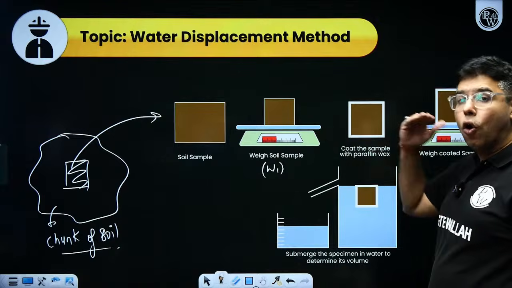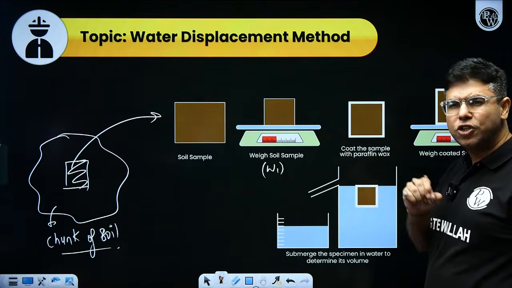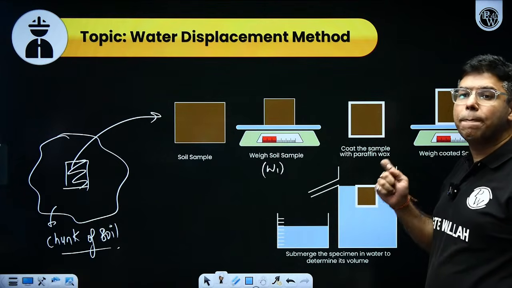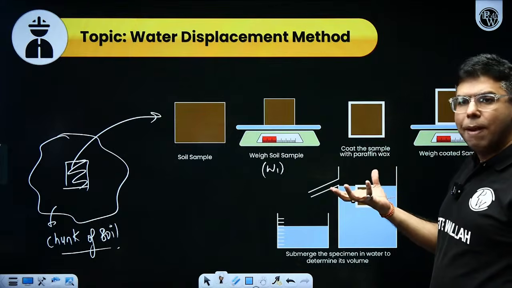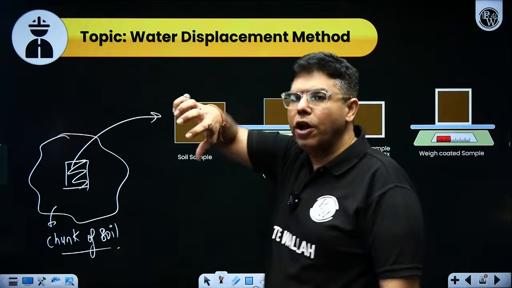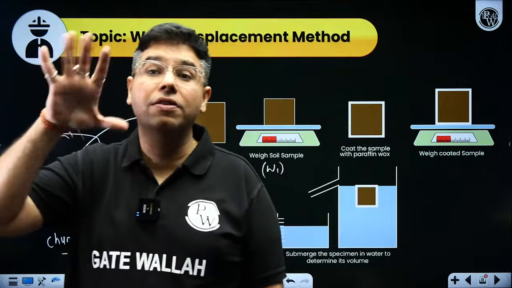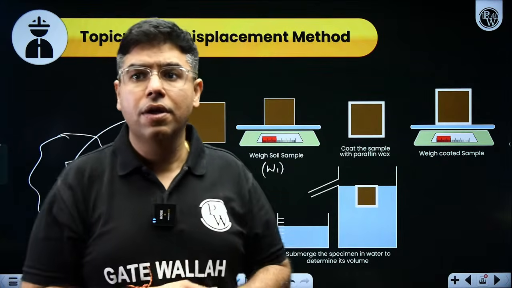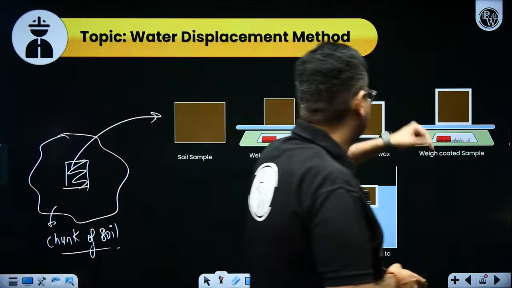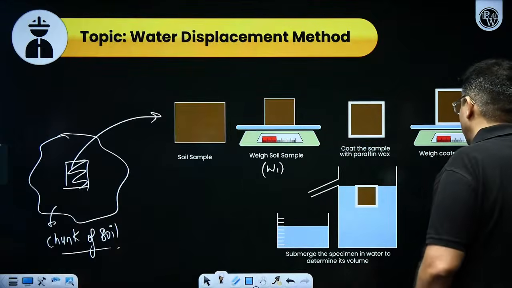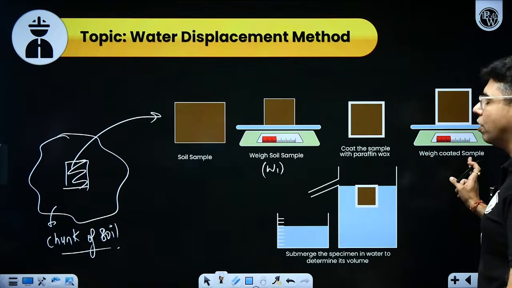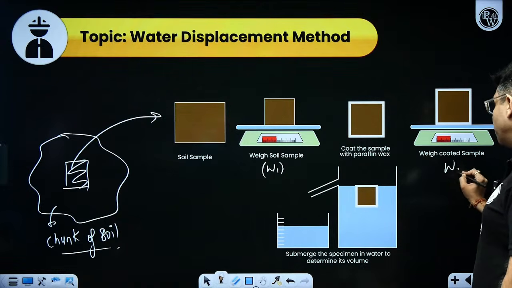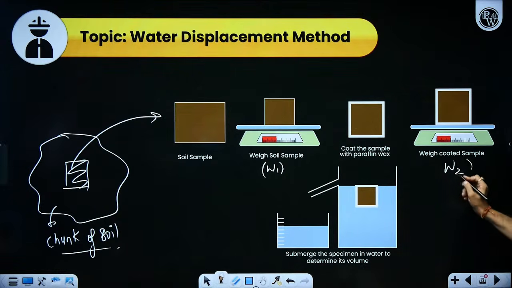Now, you will coat this soil sample with a special wax. That wax is known as paraffin wax. Just melt the wax and pour it on this sample and let this wax dry. So, the wax will cover this soil sample. Now weigh the wax plus the sample once again. The weight of the sample coated with the paraffin wax, let me call this W2.